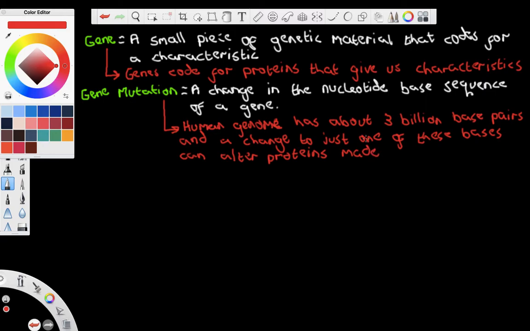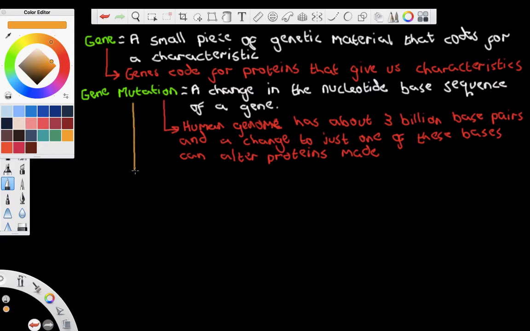Now, these changes of a base can usually happen during DNA replication. So these bases can be changed. DNA polymerase can make a mistake when doing DNA replication, and it can change one of the bases involved.